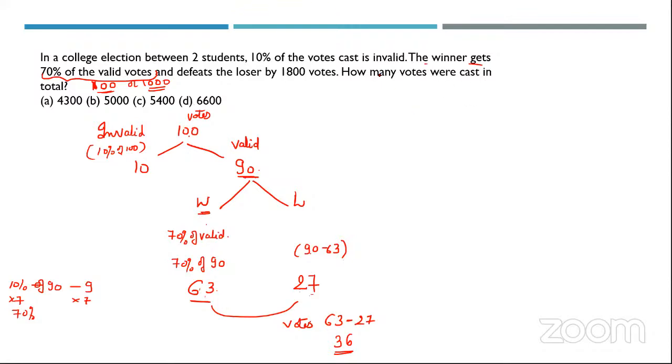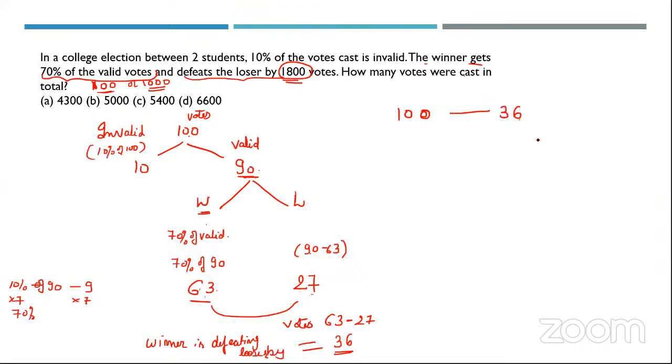Okay, so they are asking how many votes were cast in total. The winner gets 70% of the valid votes and defeats the loser by 1800 votes. Here, winner is defeating loser by 36 votes, right? So when total number of votes were 100, winner is defeating by 36 votes.